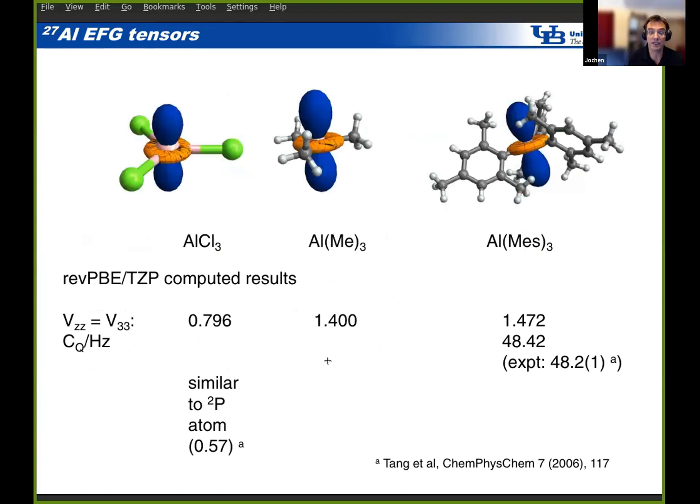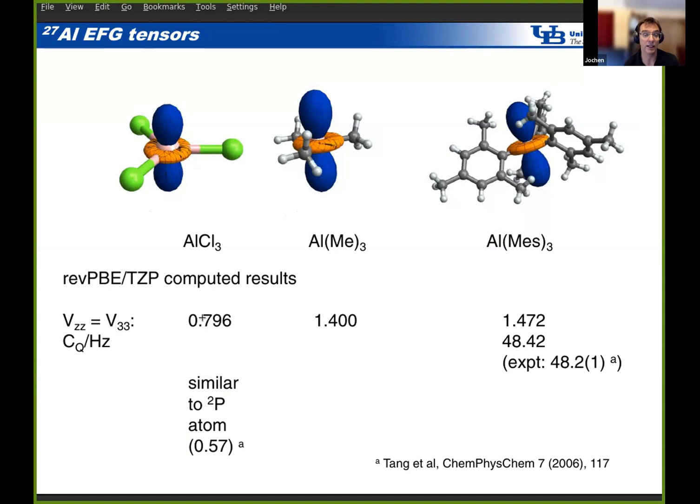So here are some calculations. In this case, we looked at aluminum field gradient tensors. Here an AlCl3, methyl 3 compound, and here's a related compound with a larger ligand. Calculated VZZ, which is the electric field gradient at the aluminum, and the Z coordinate is bottom to top.